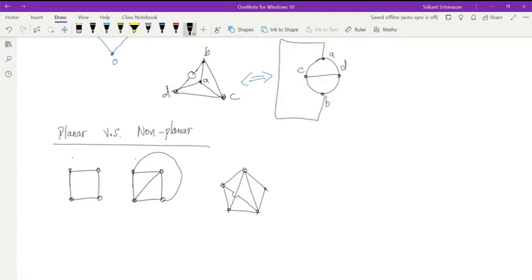Say I have something going like this. Then once you bring in many of these points, you may find that that network cannot be planar anymore. So these kind of things will come up.